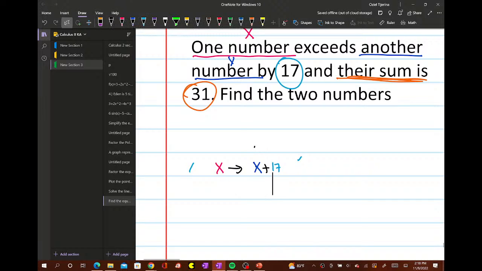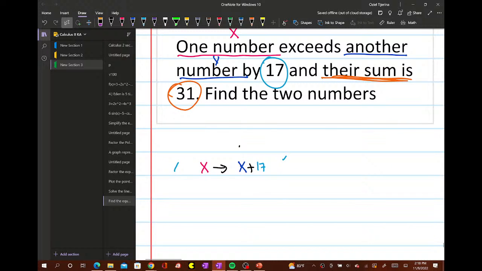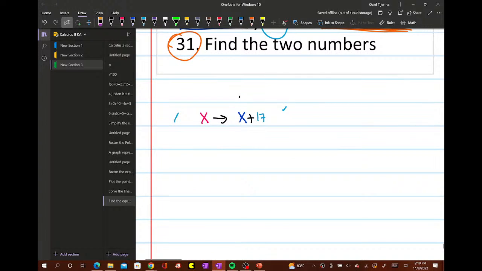Okay, and then it says their sum is 31. So their sum is 31, right?